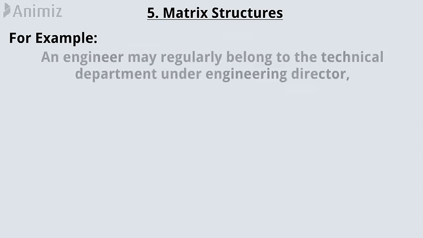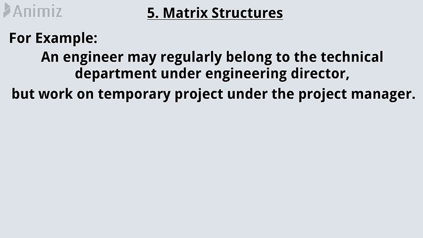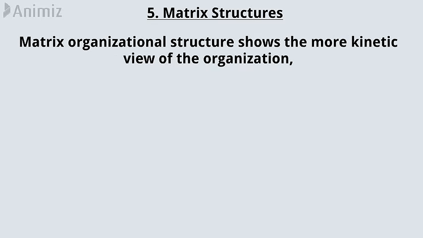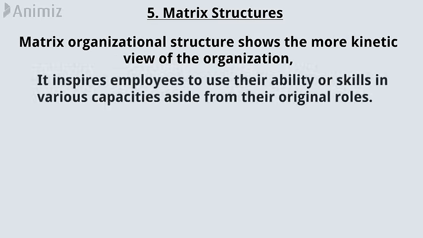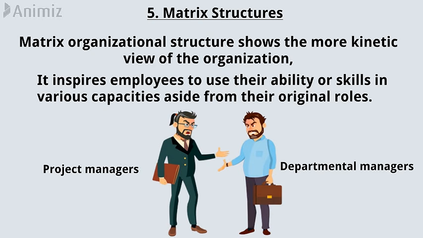For example, an engineer may regularly belong to the technical department, under the engineering director, but work on a temporary project under the project manager. Matrix organizational structure shows a more dynamic view of the organization, and it inspires employees to use their abilities or skills in various capacities aside from their original roles. But sometimes it can create conflict between project managers and departmental managers.